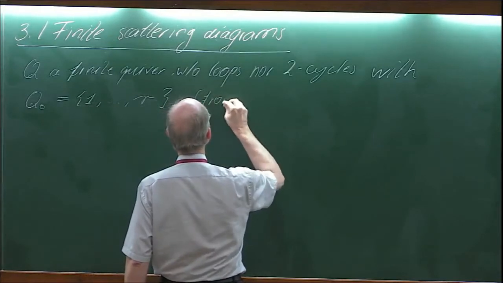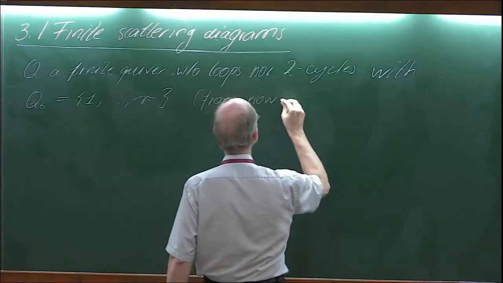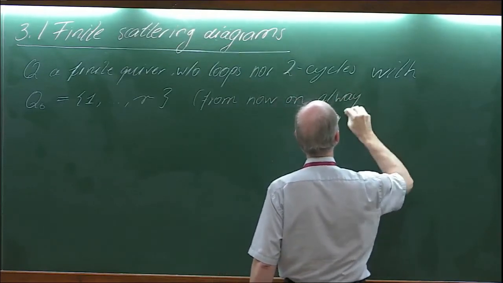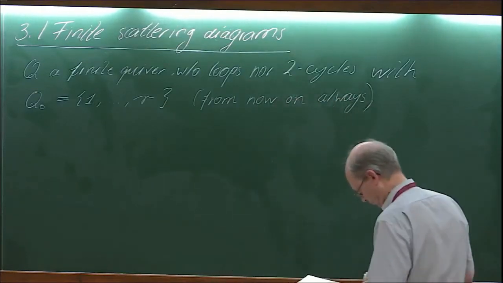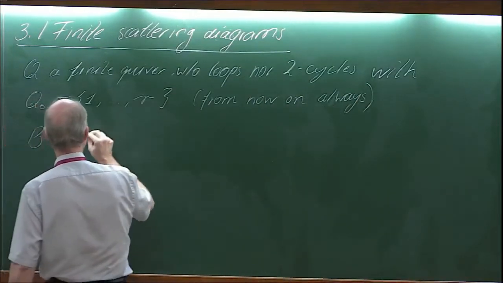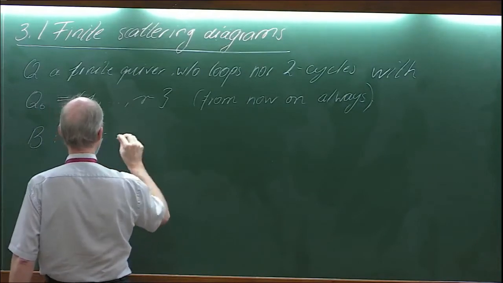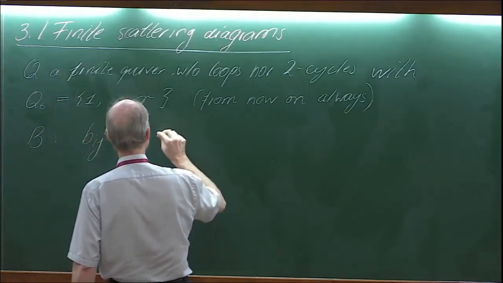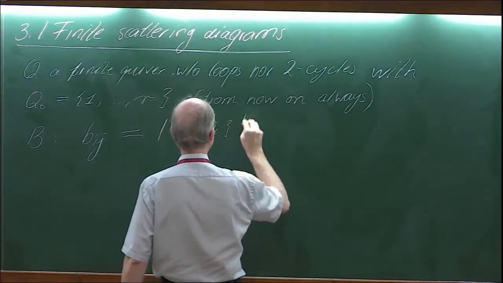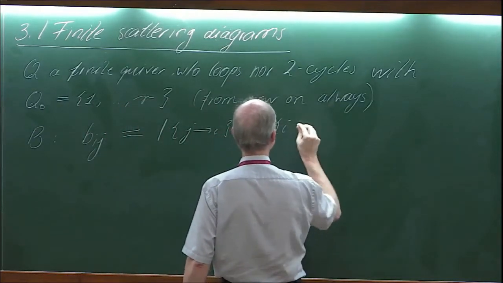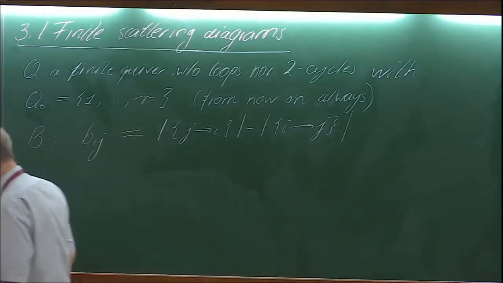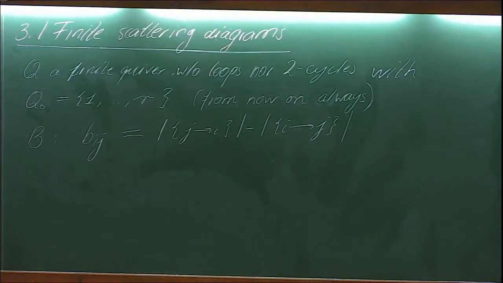And this will be a standing convention. Then I will define the B matrix slightly differently. Up to a sign it's the same, but B_ij is the number of arrows from j to i minus the number of arrows from i to j. This is just a slightly different convention, which will be useful.